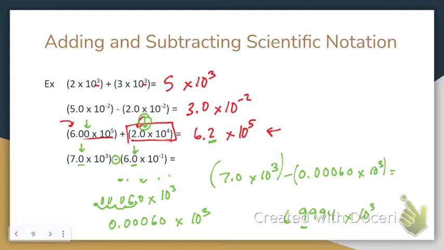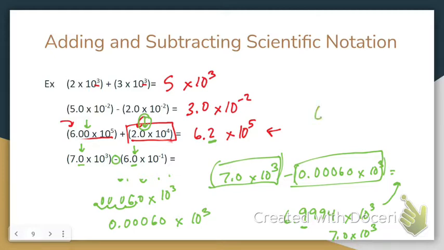If I round to the tenth, it's 7.0 times 10 to the third. What you essentially did is take this big number and subtract a really small number from it, and ultimately that number is so small that it didn't play a significant role. Let me rewrite that. 7.0 times 10 to the third minus 0.0006 times 10 to the third ended up being 6.9994 times 10 to the third.